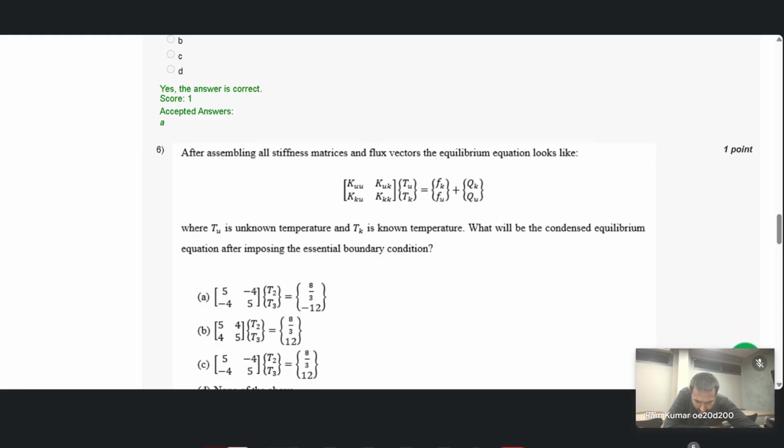Actually, when I am solving this question, I got the matrix like this.